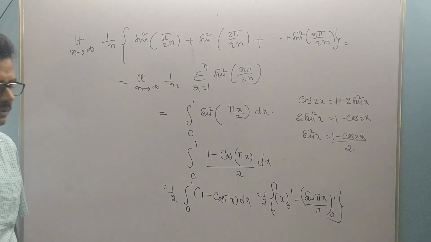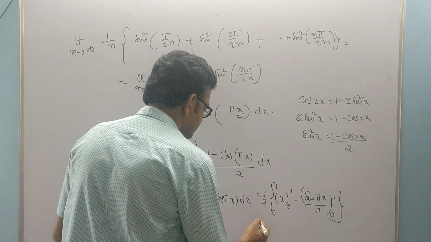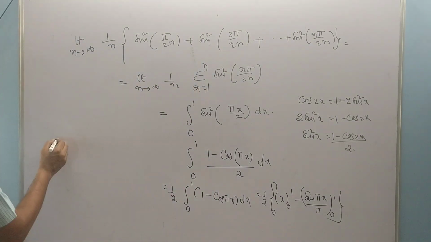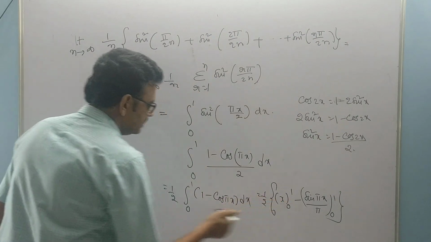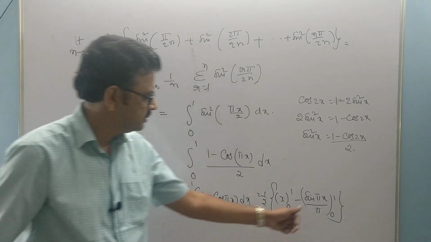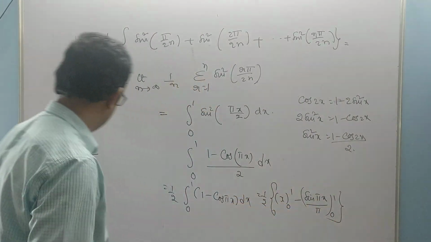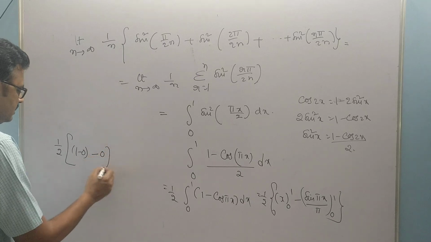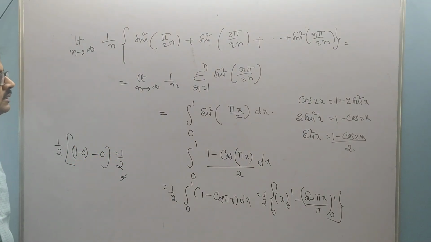You know sin pi value is 0. Applying the limits, this is 1 by 2 into 1, lower limit is 0. Next minus: sin pi is 0, sin 0 is also 0, so this is 0 totally. So 1 by 2 is the answer.